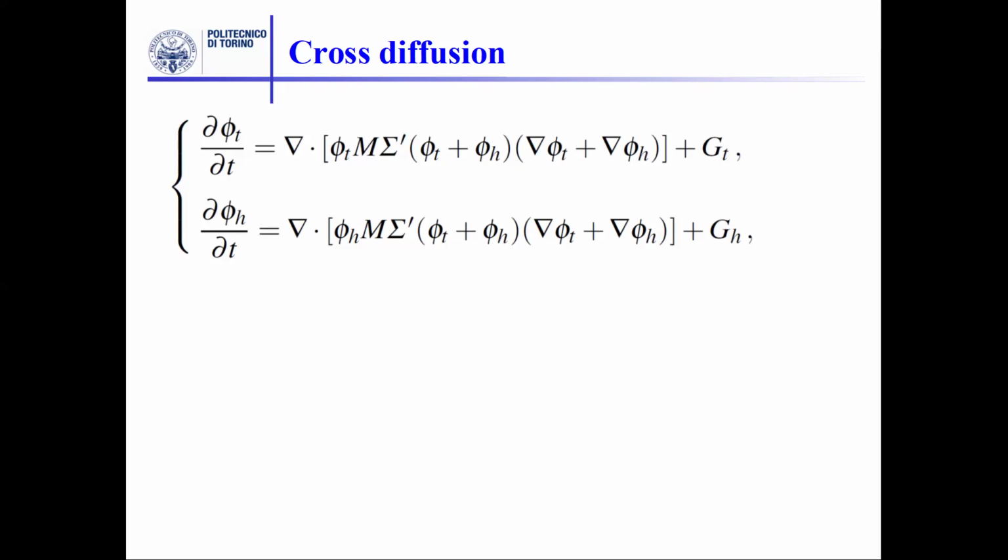So PT is one subpopulation, PH is the other subpopulation, but they move because of the total volume ratio of all the population. This gives to the set of diffusion equations a structure that is called cross diffusion. You see that you find here the same operator on the first and on the second equation.